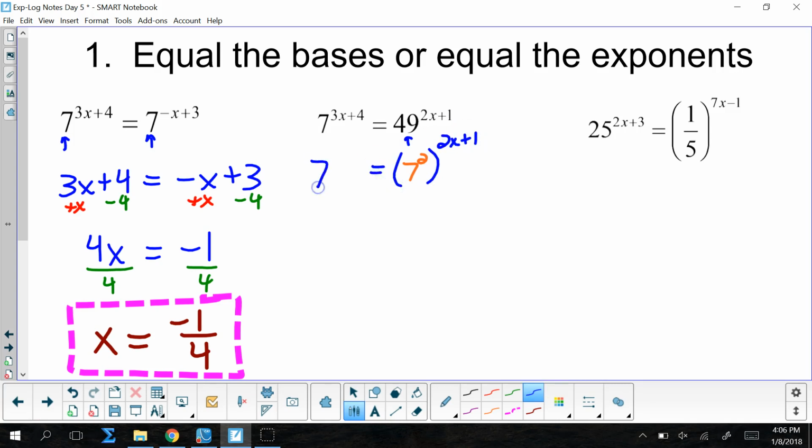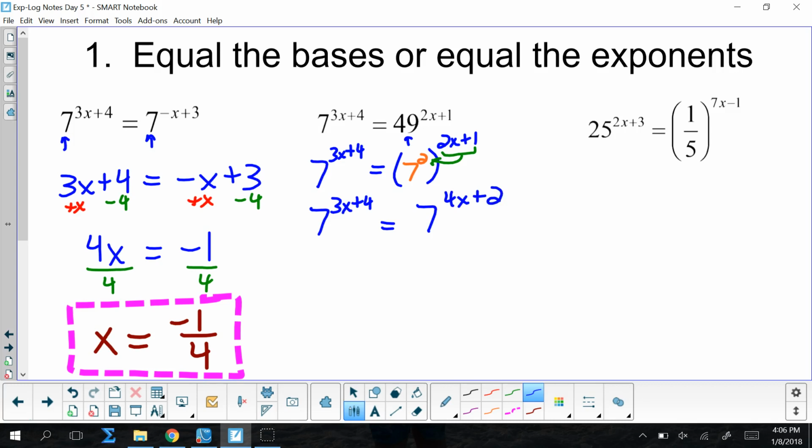And that's going to equal 7 to the 3x plus 4 power. Power to a power here on this left side means that I multiply those two things. So this becomes 7 to the 4x plus 2 power, which equals 7 to the 3x plus 4 power.